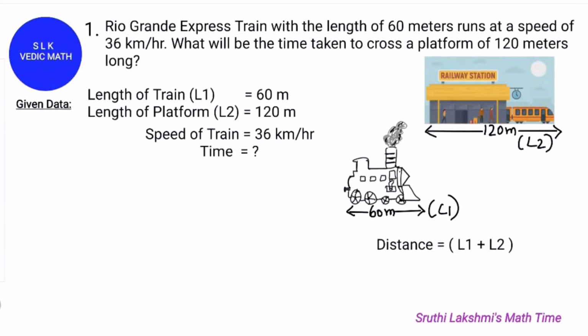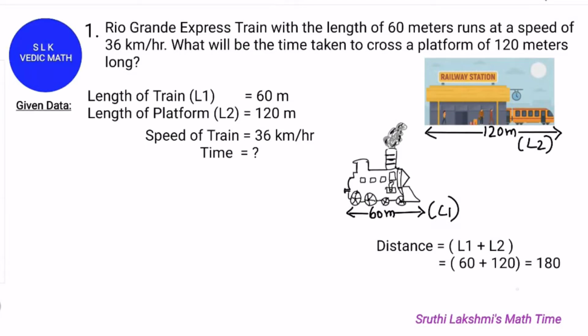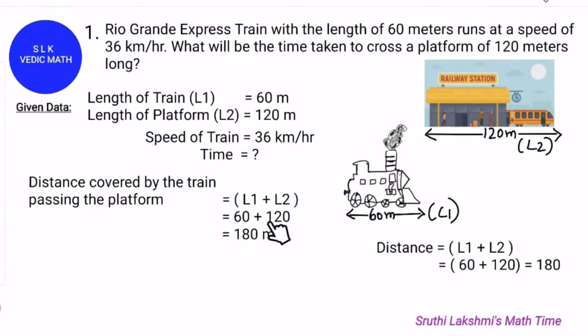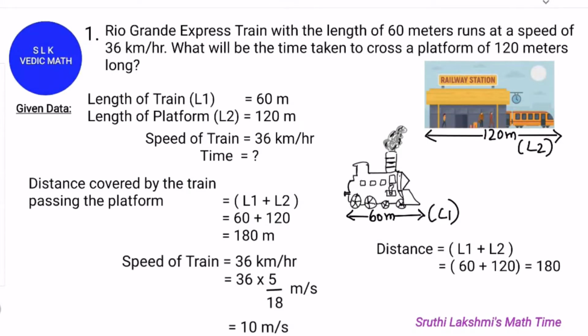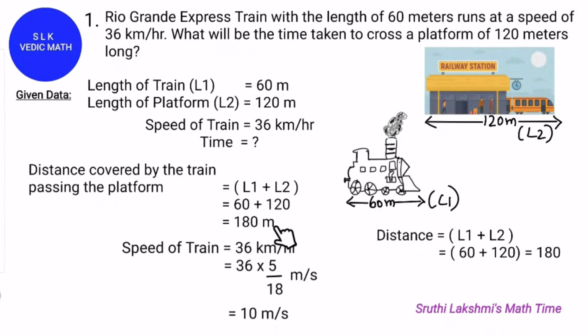So we do L1 plus L2 to find the total distance. So 60 meters plus 120 meters, which is 180 meters. So the distance covered by the train passing the platform is 180 meters. The speed of the train is in kilometer per hour and the distance is in meters.